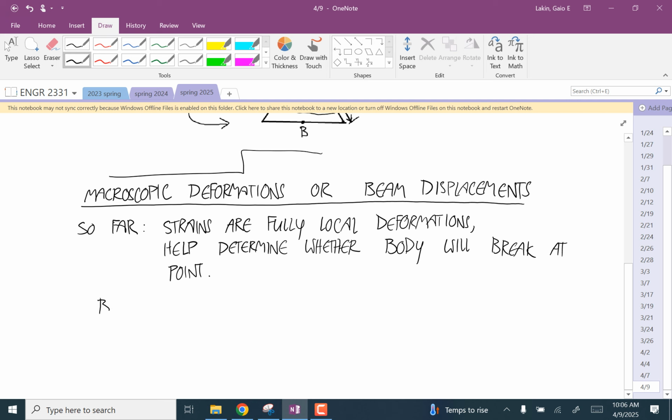But sometimes it's also relevant to know what the overall deformation of the body is going to be.